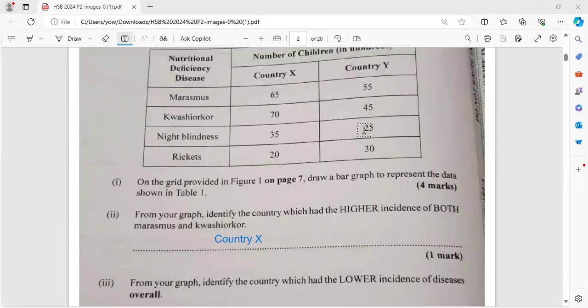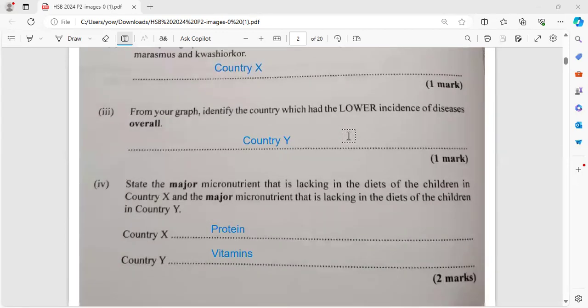Just by looking at it, but to be sure you could use your calculators, country Y had less disease than country X. We can say country Y had less each time, except for rickets, right? So they would be the ones that would be least.